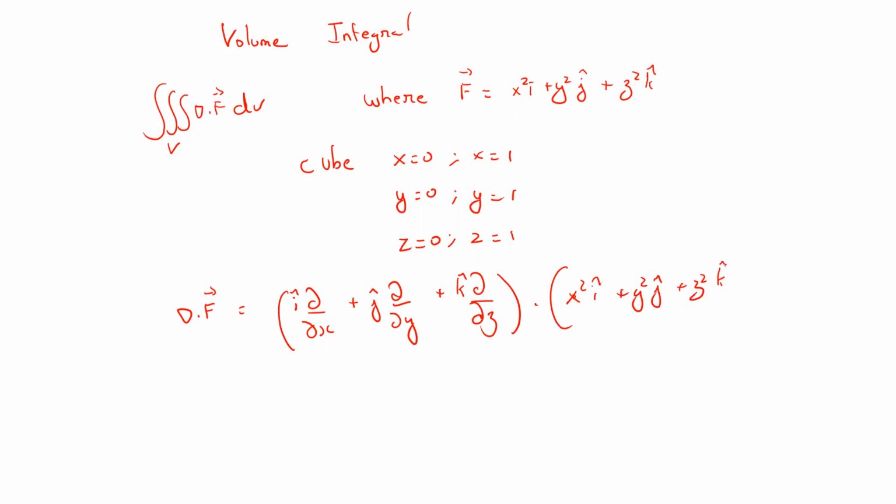When you take the dot product, i into i is 1, j into j is 1, k into k is 1.